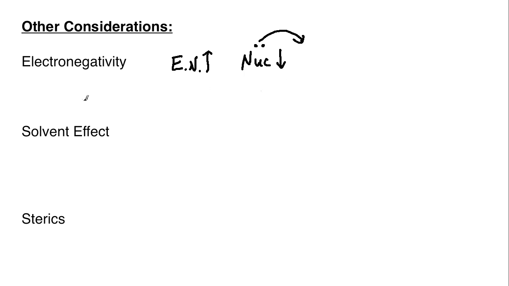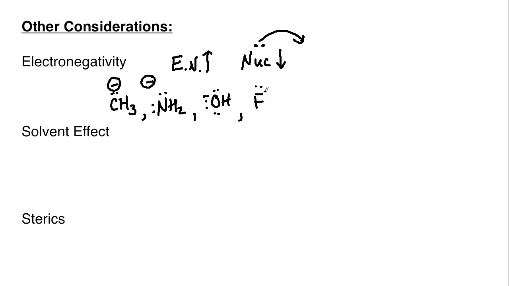Okay? So, for example, let's pick a row and go across. Let's say that we had a carbanion, like a CH3, and then we had an NH2 anion, right? And then we had an OH, and then finally, we have the fluoride ion, which also has a complete octet there.